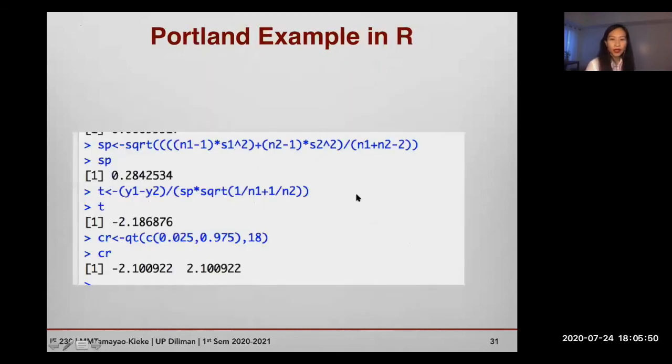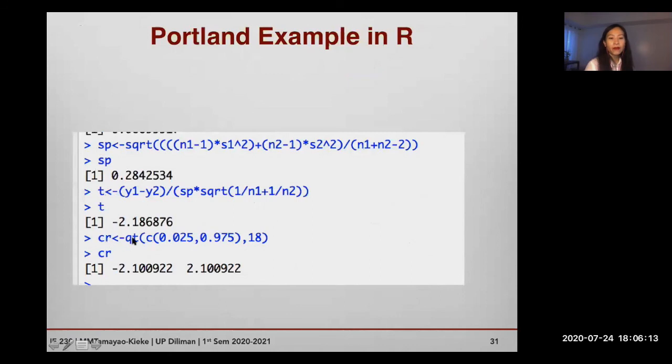As I mentioned earlier, you can do the calculations in other software. So I just inputted here the formula for our pooled standard deviation in R, and then the formula for our statistic, and then this one is our critical region.